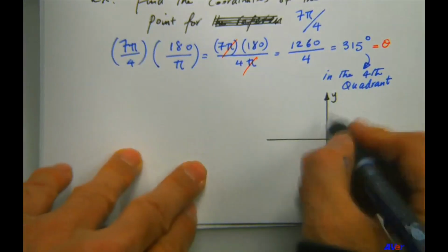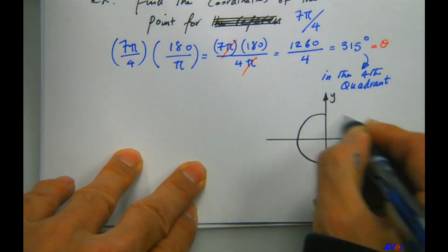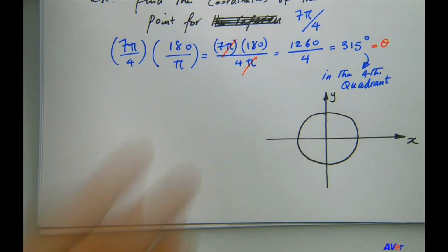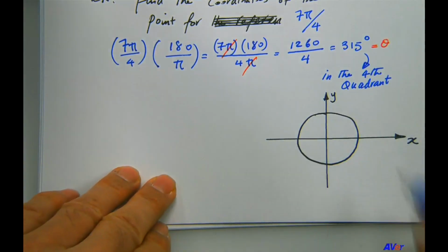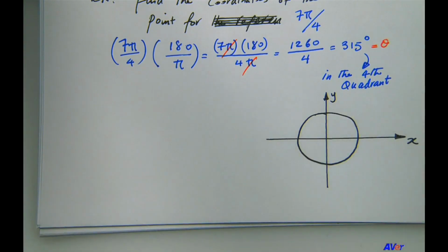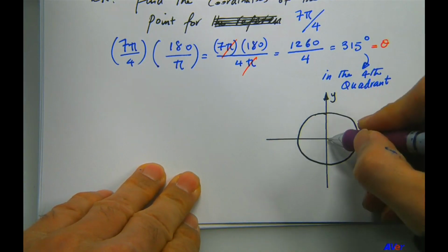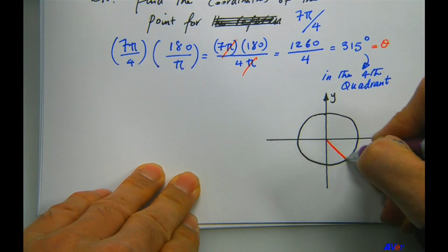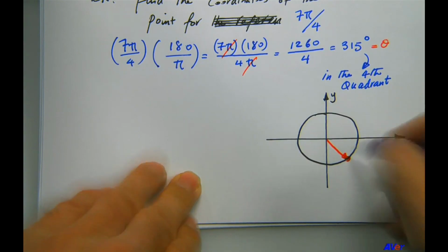Here's a circle, unit circle, as best as I can draw it, like that. And so 315 degrees would be somewhere here. Like that. So this is the terminal point.